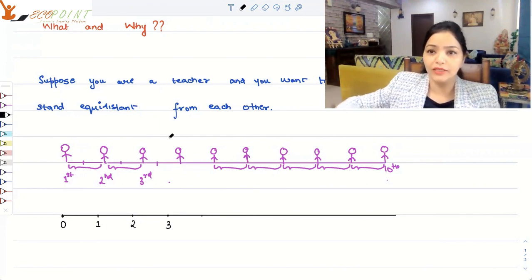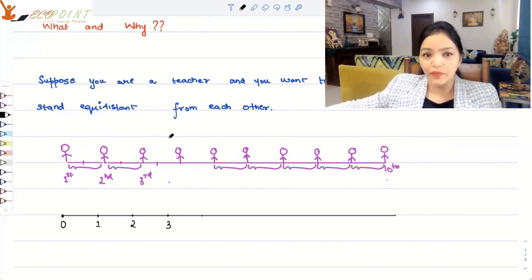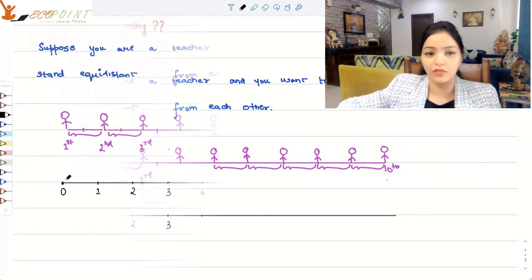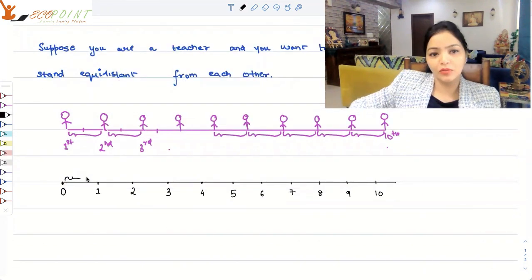So we can keep on writing our numbers out here, equidistant to each other. One unit distance is what we can see here. I'm starting with 0, so it is whole numbers out here. The distance between 0 and 1 is 1. The distance between 1 and 2 is also 1.